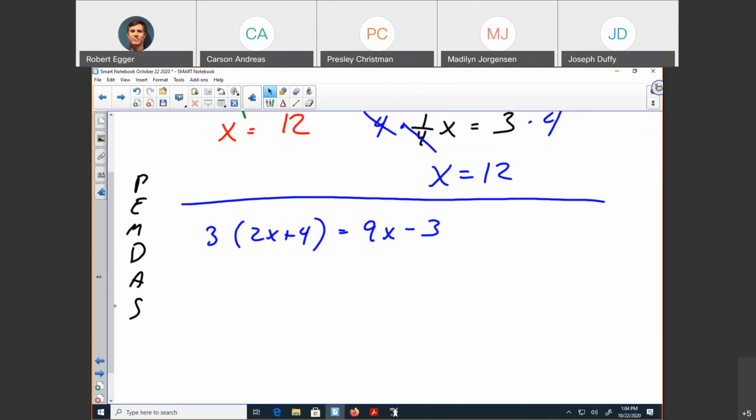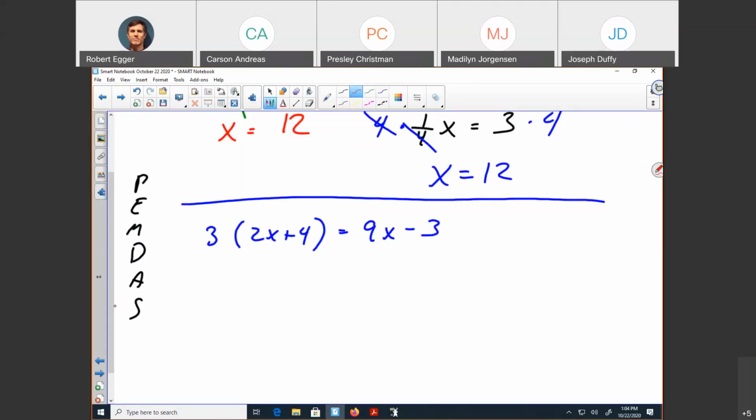Now I'm looking at the left-hand side. I got parentheses. I got some distributive property that I can do. It's not looking like the right side: coefficient, variable, plus or minus some constant.